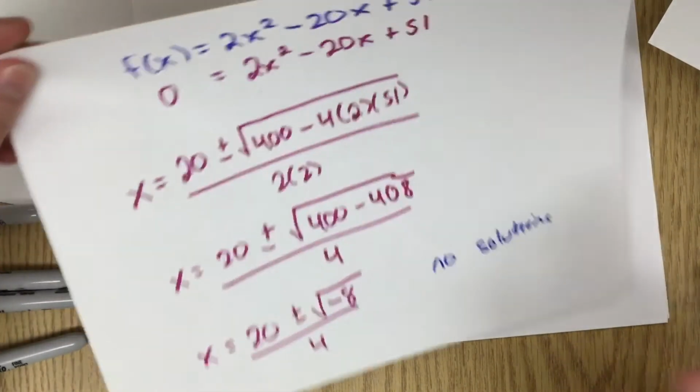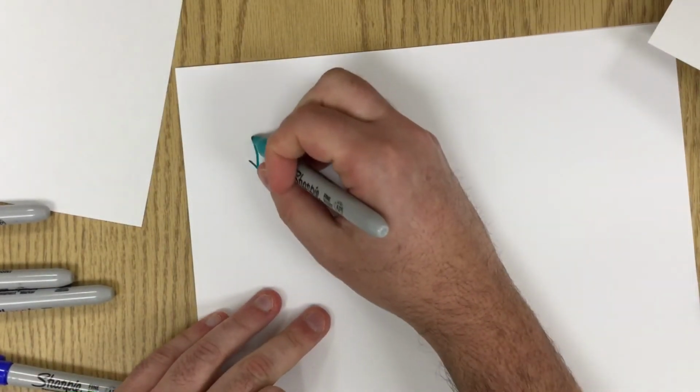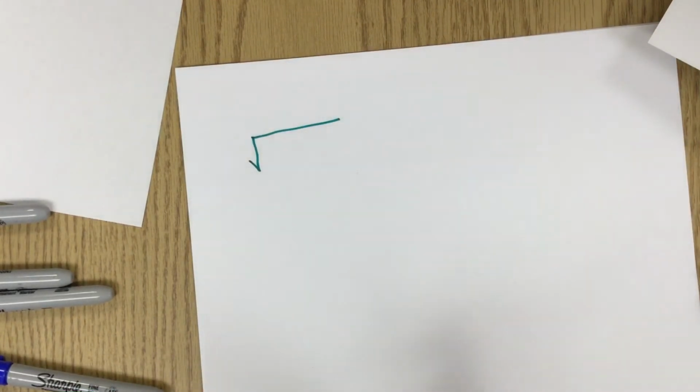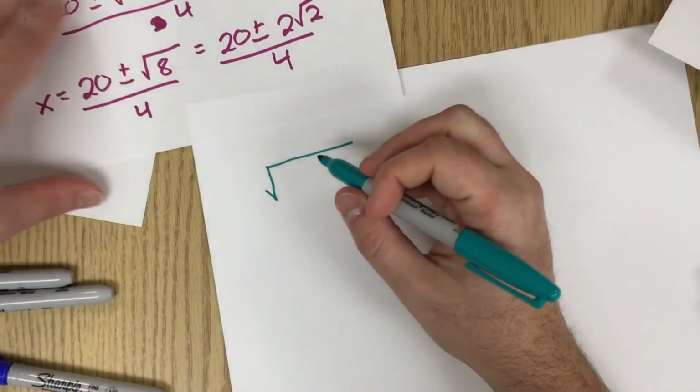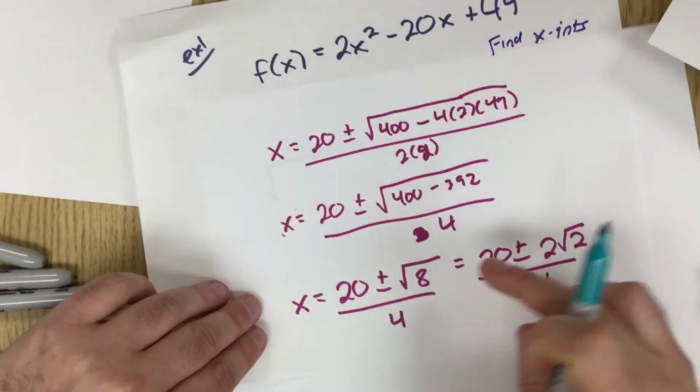So we're going to summarize this, and we're going to summarize it looking at the discriminant. What was the discriminant for that original one? The discriminant was 8.